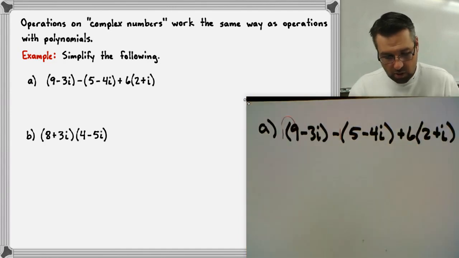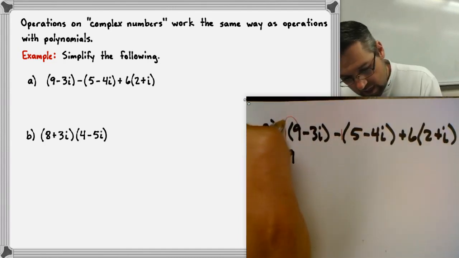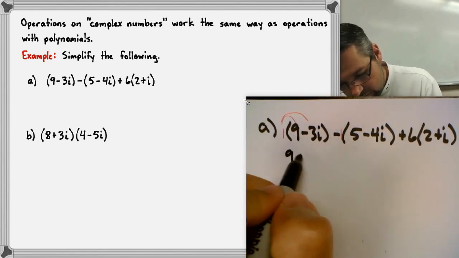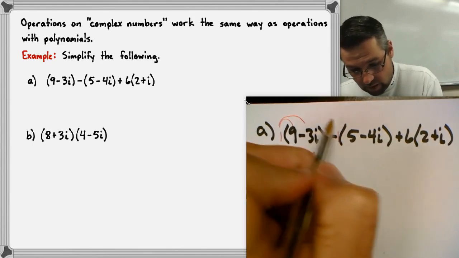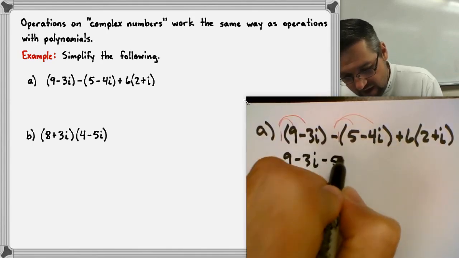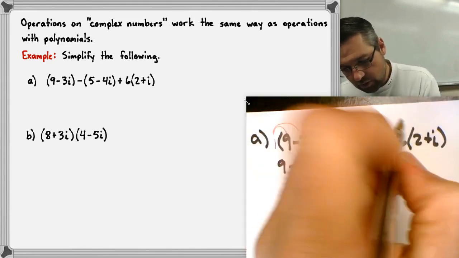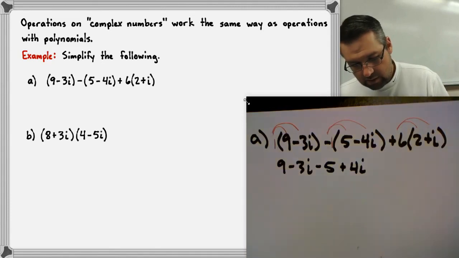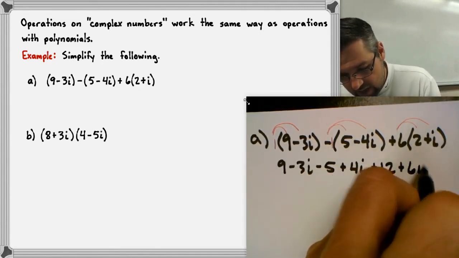So we distribute the 1 in here, and we end up with 9, and then minus 3i. And then for the second one, we're distributing the -1, so that's going to be -5 plus 4i. And then for the last one, we're distributing the +6. So 6 times 2 is 12, and 6 times i is 6i.